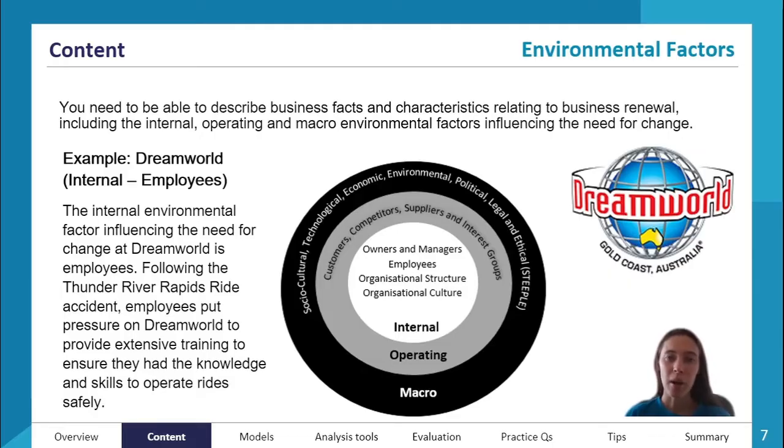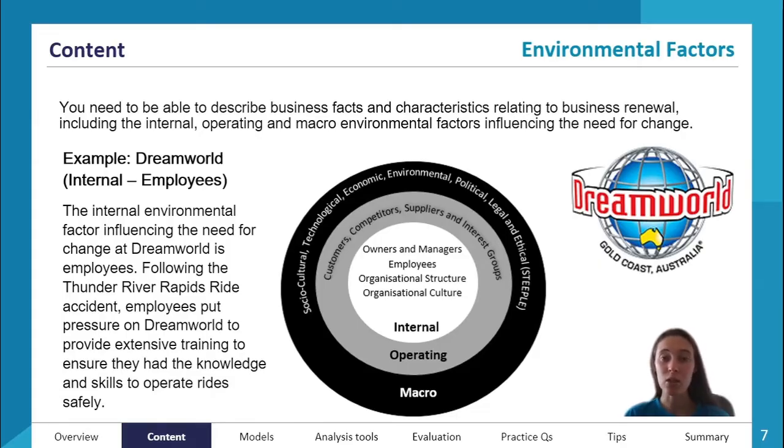So a really key part that you need to be able to do in business is describe business facts and characteristics in terms of internal, operating and macro environmental factors. So you really need to understand these 3 levels of the different factors that have a role in business.